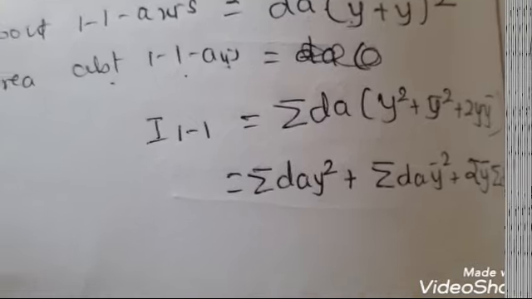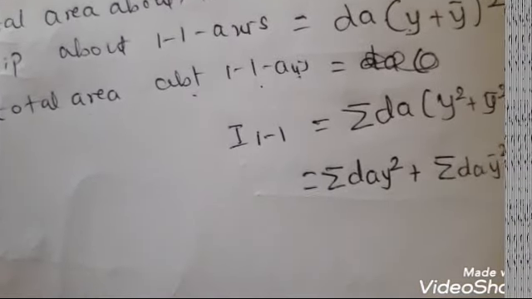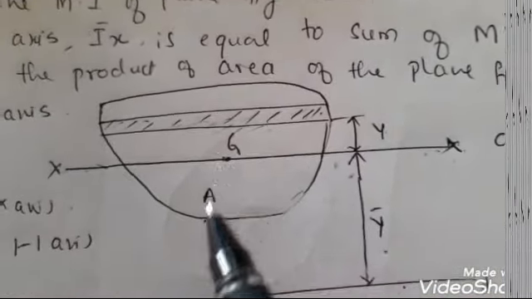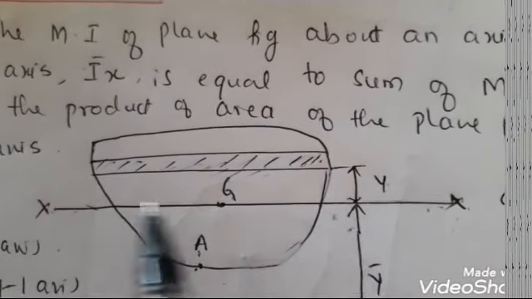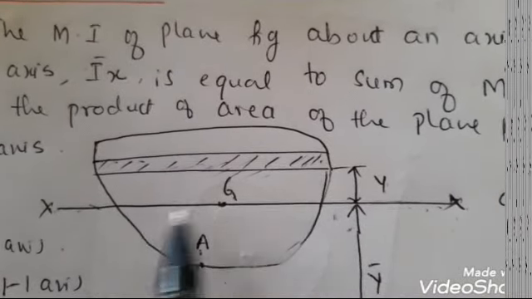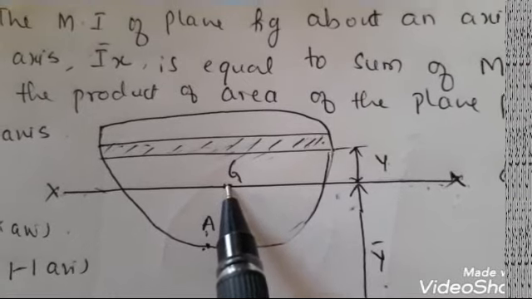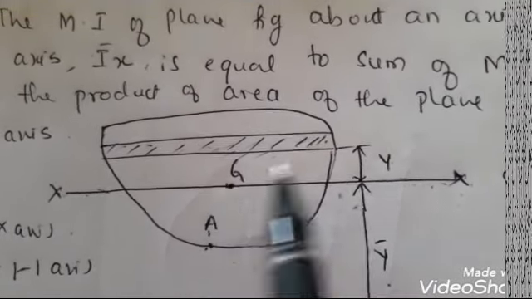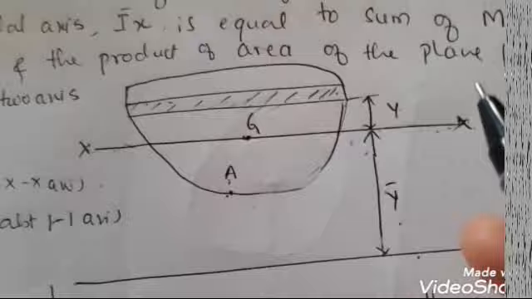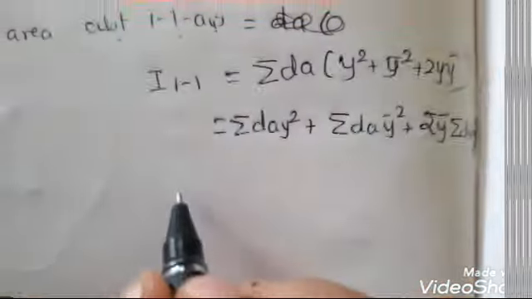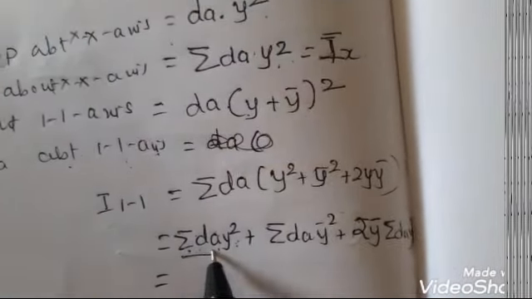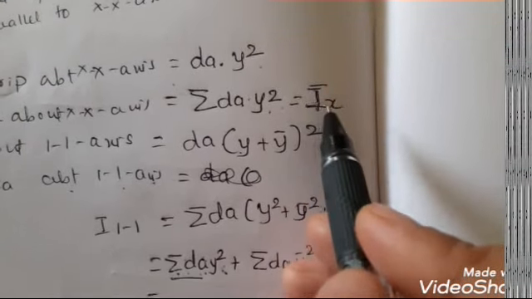Now, the CG of the whole area lies on the centroidal axis itself, so there is no perpendicular distance. Hence y becomes equal to 0. Therefore, the summation of dA into y square is nothing but I bar x.